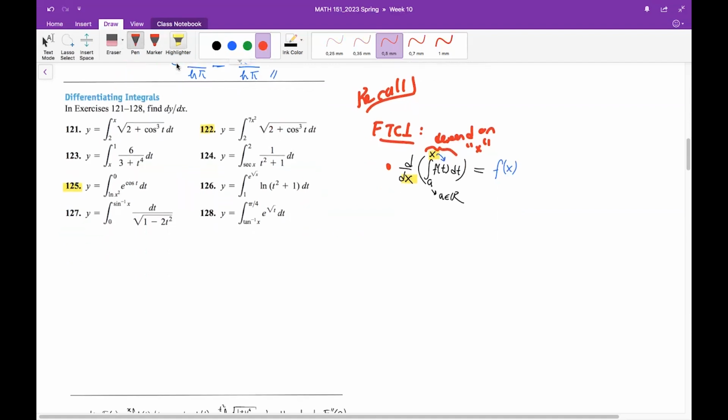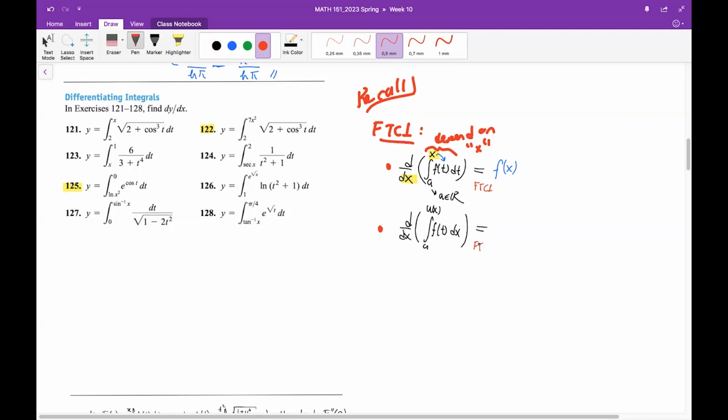Now, I will discuss a more general case of this. These are all explained, but okay, let me discuss again. Let me recall for you. What if we have not just x, but some more general function here, u of x, a function depending on x? And what if we still want to apply FTC part 1?